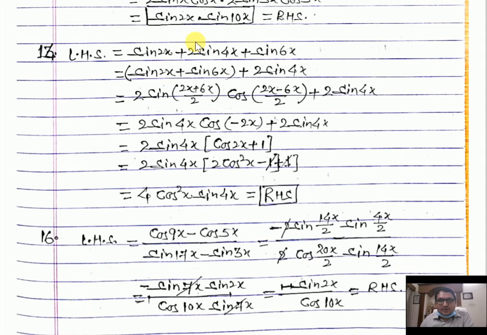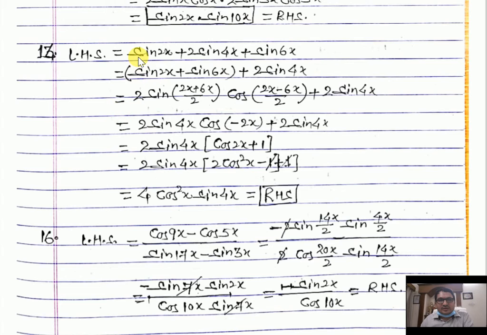This 2 is the coefficient, retained as coefficient of sin 4x. So first, we can't apply sin c plus sin d with the 2 there. This 2 we have to remove from here. Then you can apply. So I have combined sin 2x and sin 6x: sin c plus sin d is 2 sin (c plus d)/2 cos (c minus d)/2.